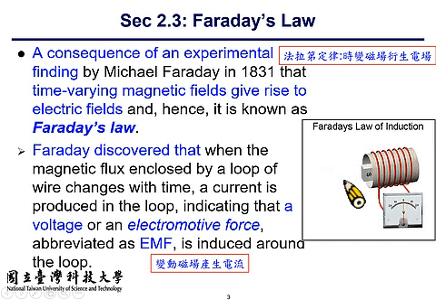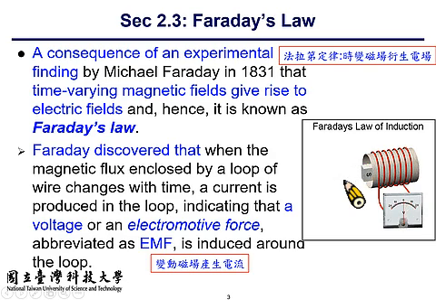the voltage can be produced. And as you can see from this plot, the polarity of the electrical potential is different when the magnet is moving in and out of the coil.